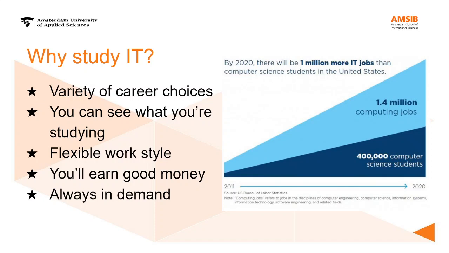Predicted by 2020 there will be 1 million more IT jobs than computer science students in the States only. And in the world, the gap is even larger. And this is a prediction, but now we're already in 2020, and you can easily see on the news, or search on Google, that there is still a huge gap.